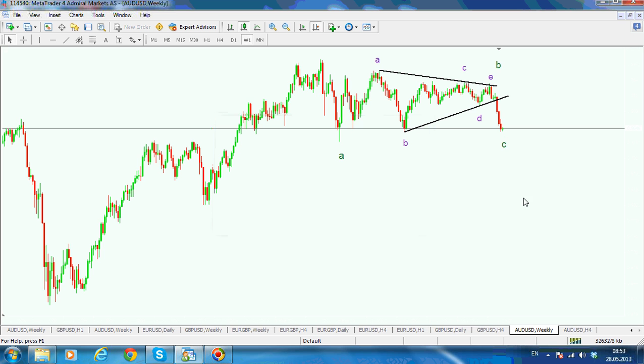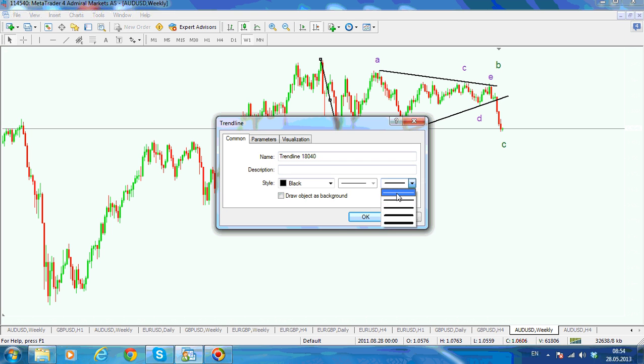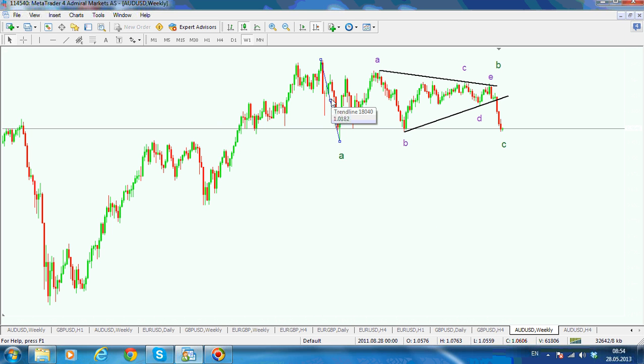And if you want to have an educated guess about the place where the C wave might end, you might just take the length of wave A here, take 61.8 for example out of its length, and put it on top of wave E, like this.